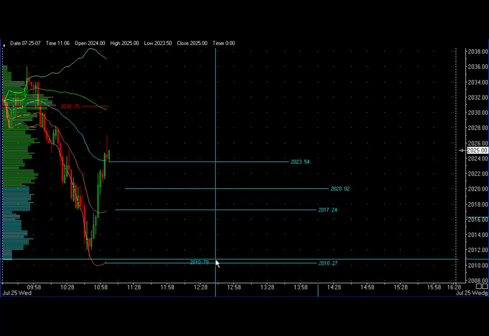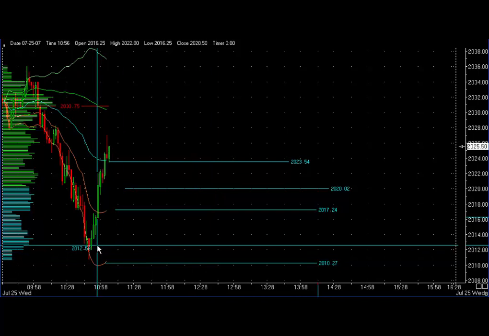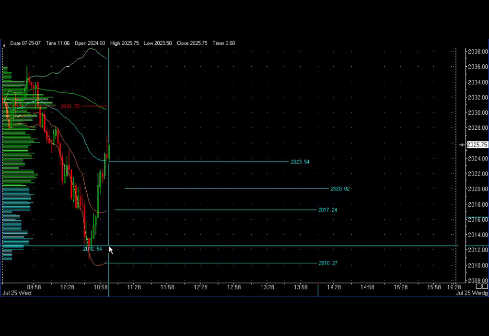So the market's at his second entry, and he hopes this will hold, that the VWAP will hold here, and that he'll be able to make a profit on these two contracts. He's been in the trade since about 10:56, so it's now 11:06.